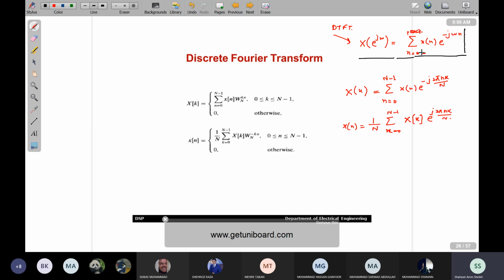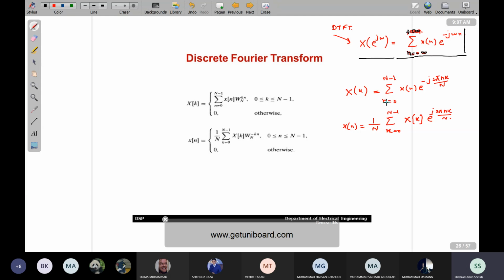If the sequence is finite, then we can use 0 to infinity. This expression can accommodate an infinite-length sequence x of n multiplied with e to the minus j omega n, and then we get X of e to the j omega. That is the discrete-time Fourier transform, which we have been talking about so many times.